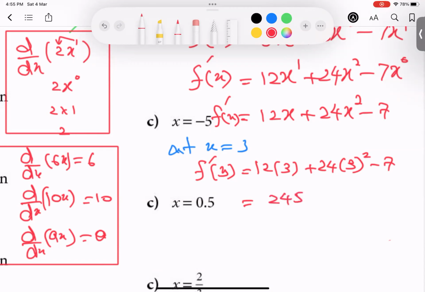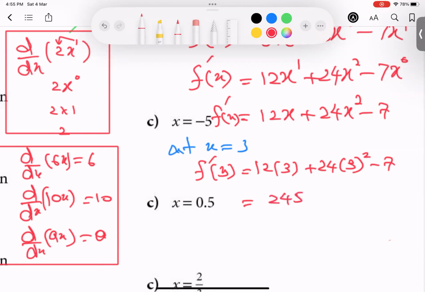He's saying next is x equal to minus 4. When I replace x with minus 4, my students, what happens then? If I replace every x value with minus 4: 12 times minus 4, and 24 times minus 4 squared, and minus 7 is already there.